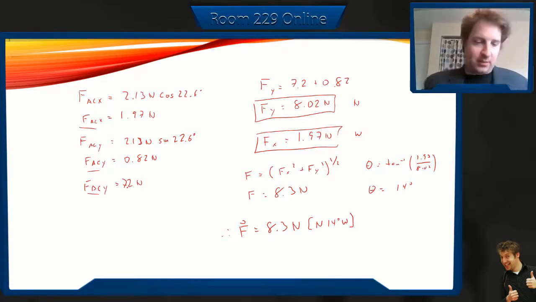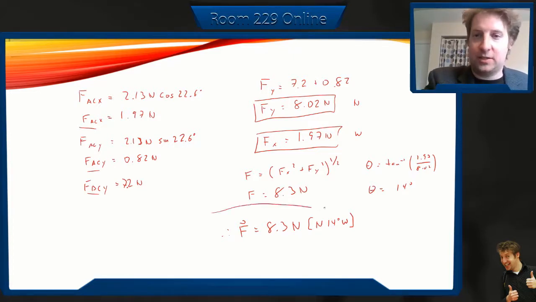Let me just check that number. I don't like the look of that number. 8.02 squared plus 7.2 squared, square root. Yeah, 8.3. Okay, this is all to 2 significant figures. There's my final answer.